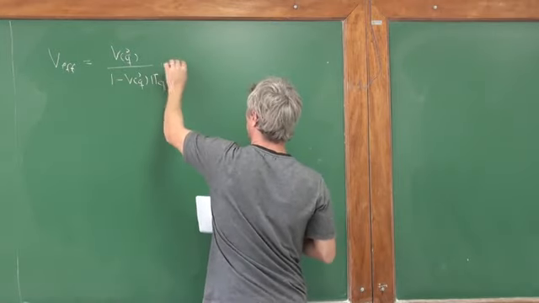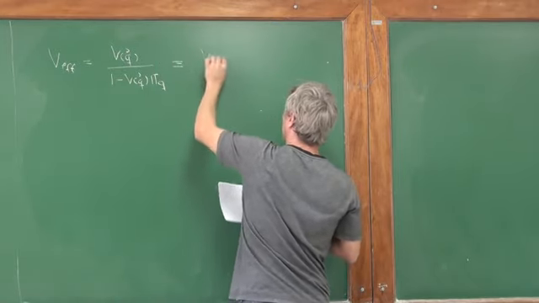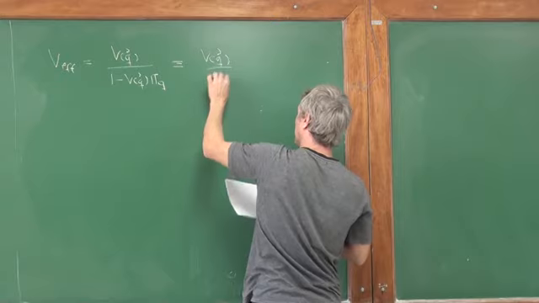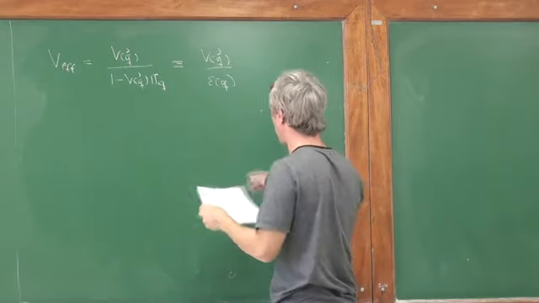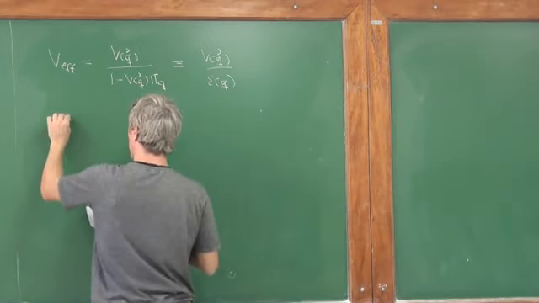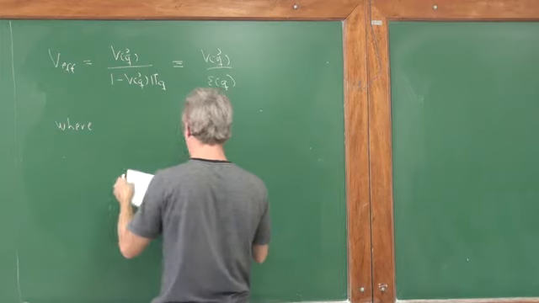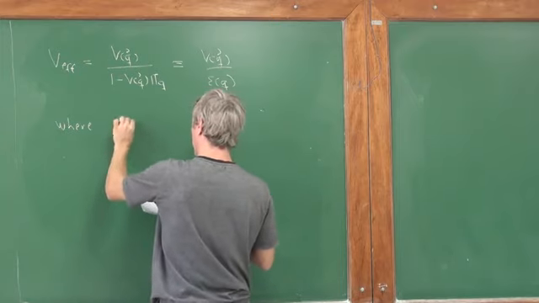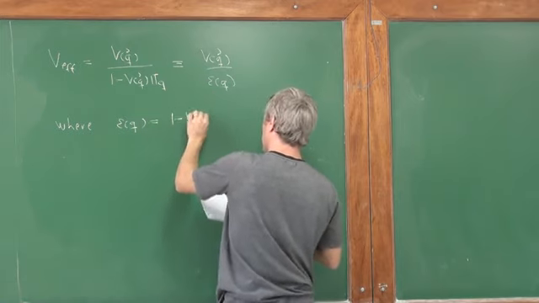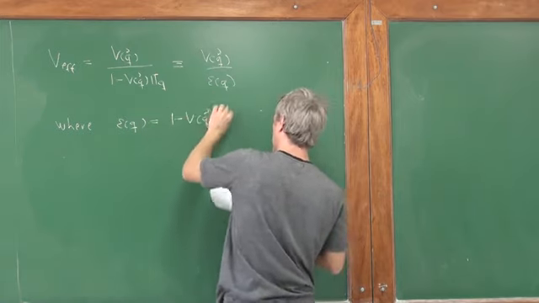And let's rewrite this in the form that you should recall from electromagnetism, where we introduced the epsilon of Q, which again is a four momentum, which is 1 minus potential times the polarization, and this is the dielectric function.